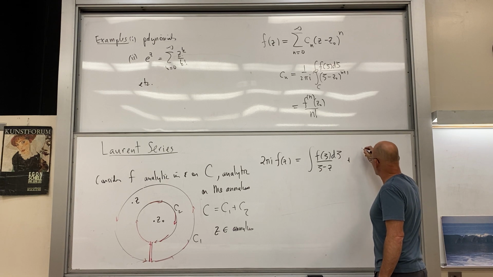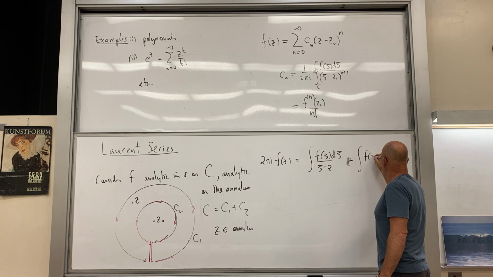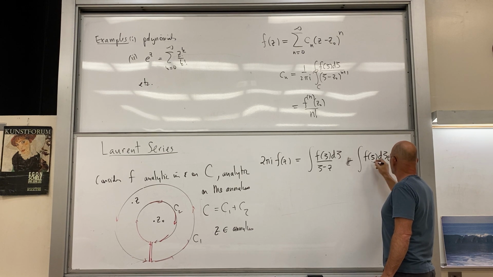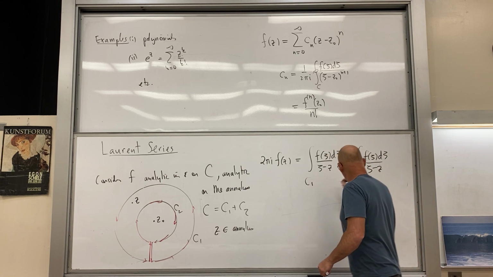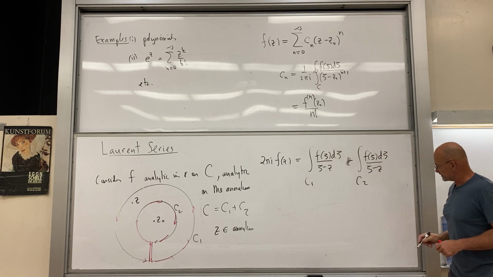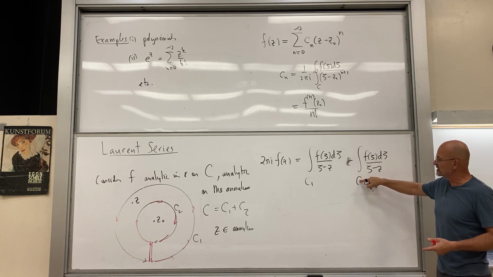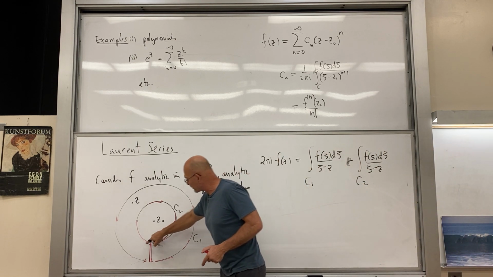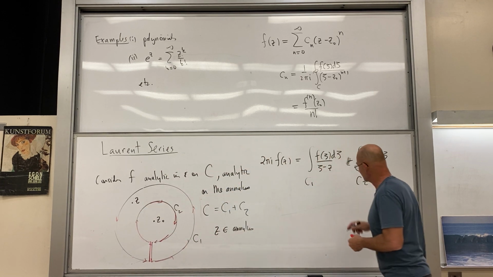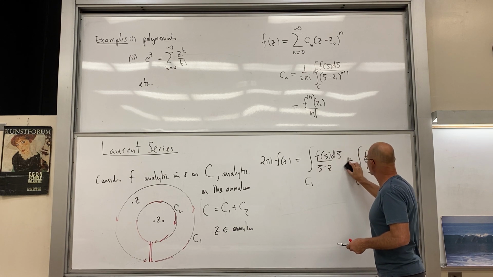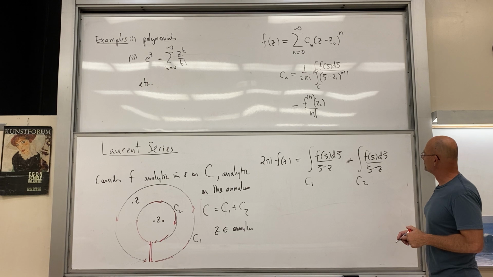And so, okay, I'll write this out; for C2 it's going to get a minus sign. Zeta minus z. So here I'm saying C1, here I'm saying C2. And C2 would be the proper orientation, but because for the entire thing we're going around counterclockwise, or clockwise, we've got the minus sign right there. Okay, so far so good.